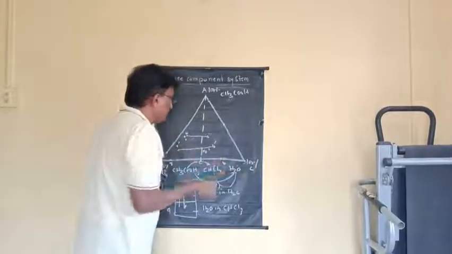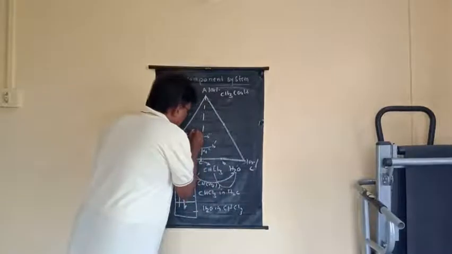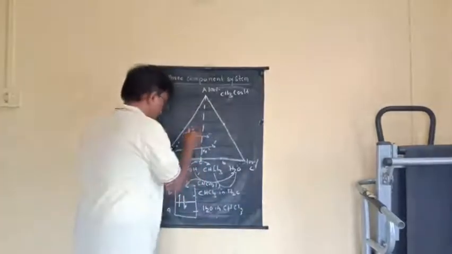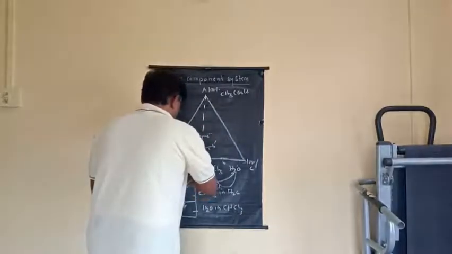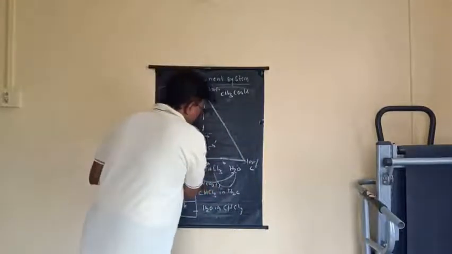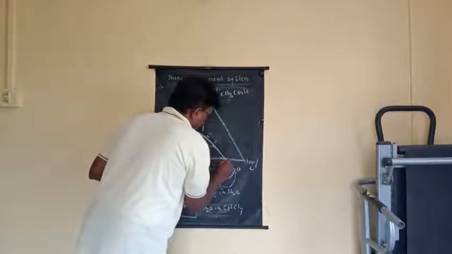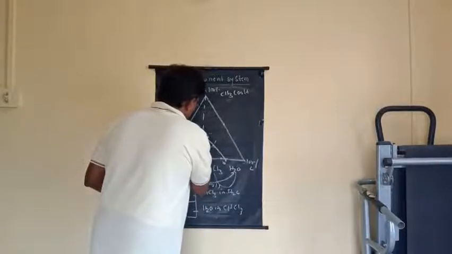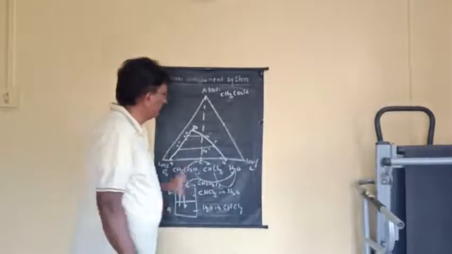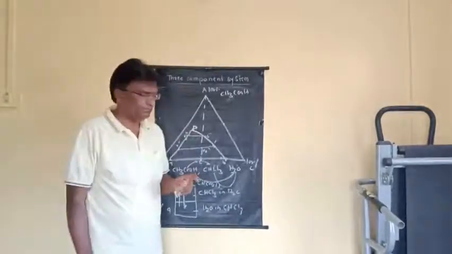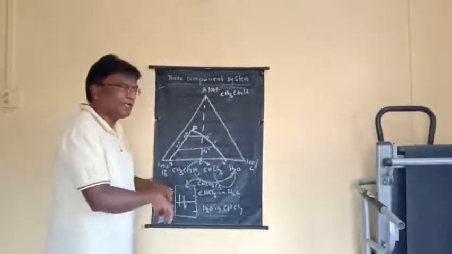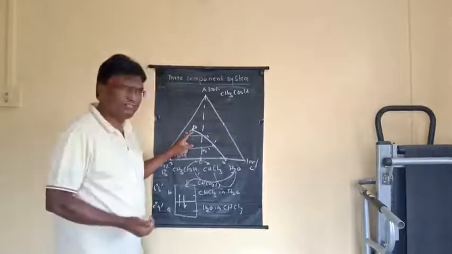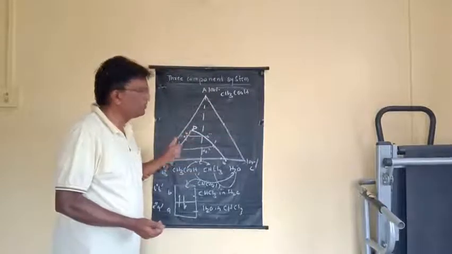And after further addition, this tie line reduces to a mere point, that is D, where these two compositions become identical. That means A and B become identical at this particular point D. Below that, still distinction is there, but at this particular point, these two compositions become identical.